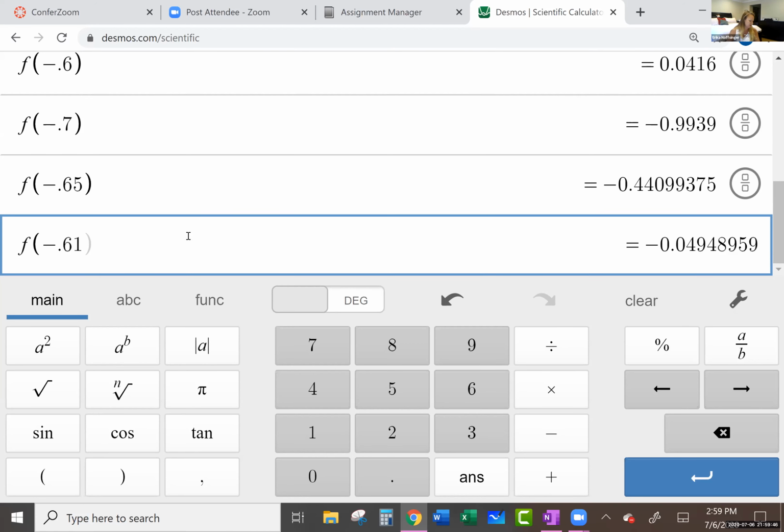Why are they doing that? So negative 0.6 is where they're putting it. My guess is because rounding wise, it wouldn't round this up.